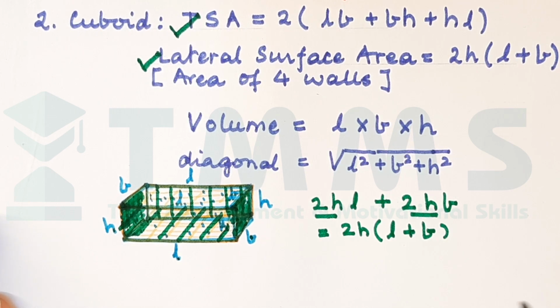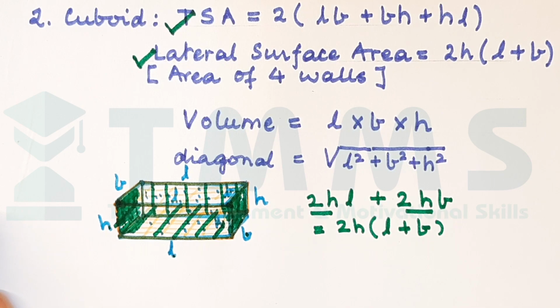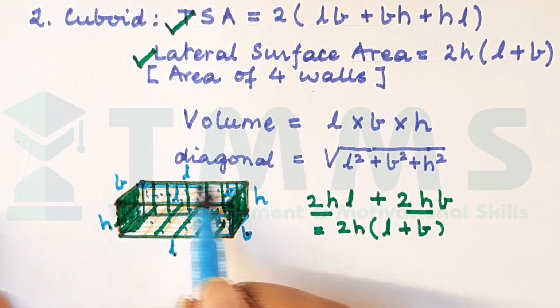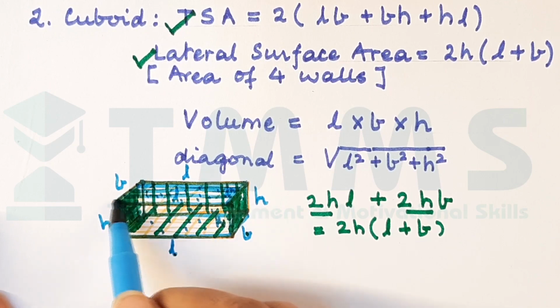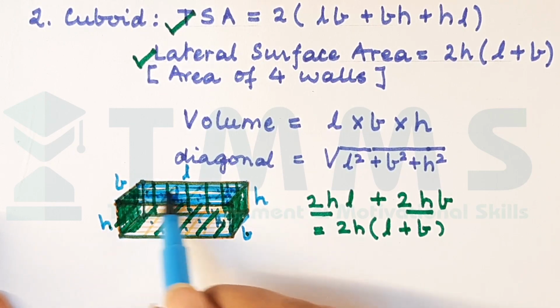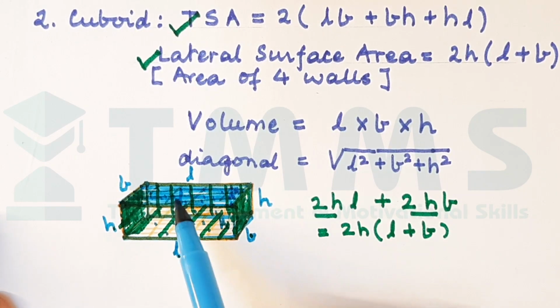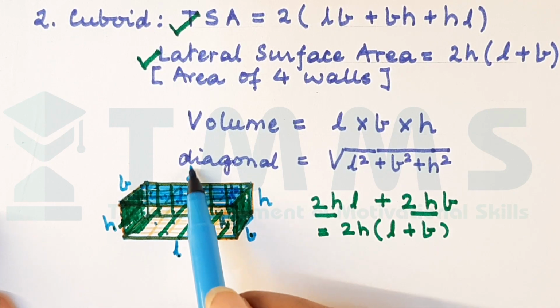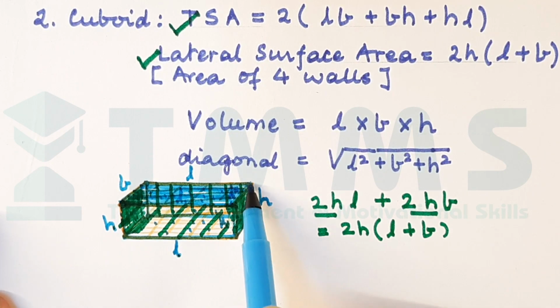Now, let us come to the volume. Now, the volume, as I told you, you have to look at it as the area of cross section multiplied by the height. Area of cross section, look at this. This, if you consider as area of cross section, then area of cross section will be length into breadth, right?